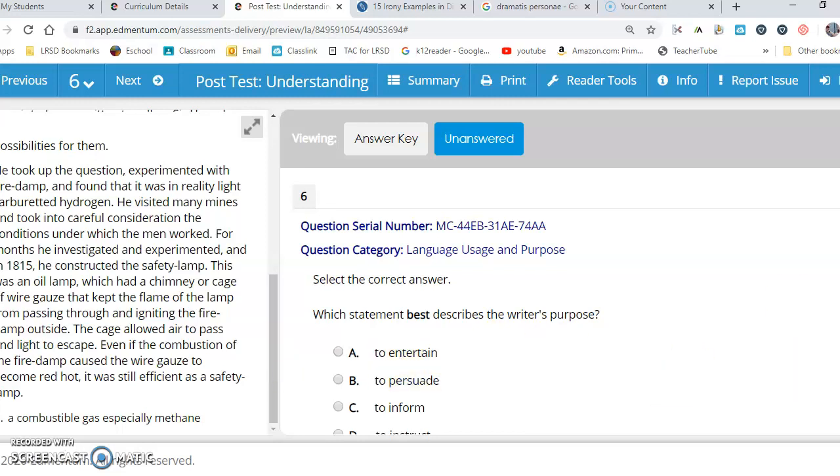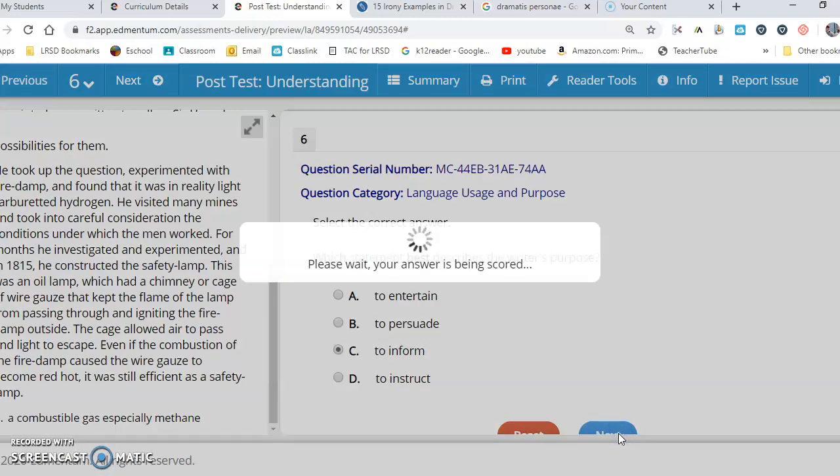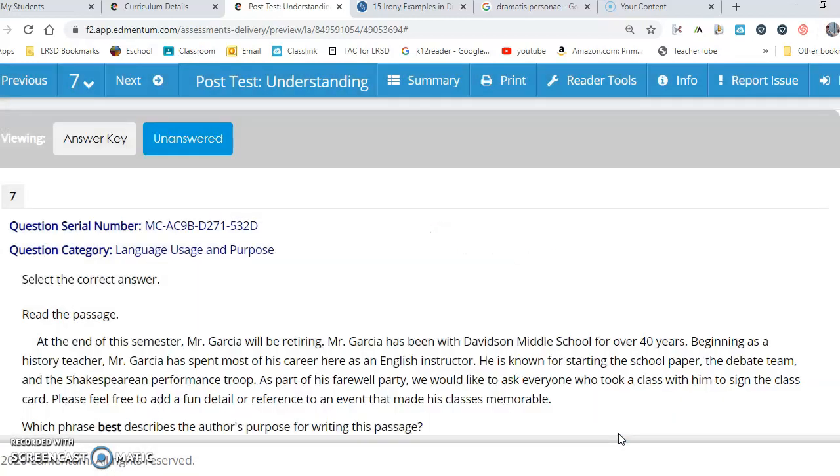So this was not to entertain. It wasn't to persuade anything. There was no persuading that you should use this lamp. It was not an instruction on how to do something. So the answer here would be C. It was an informational text to tell you about the history of the miners' lamps.